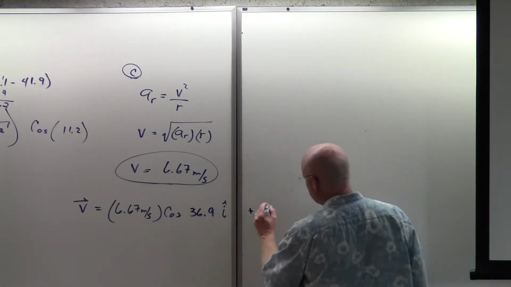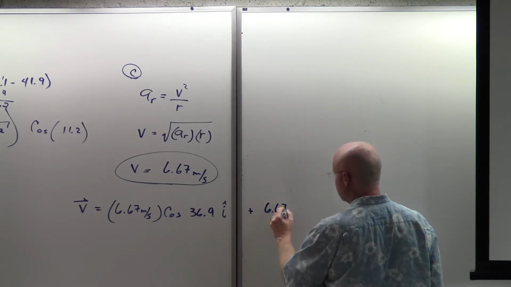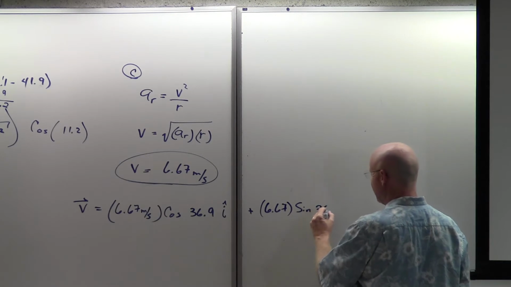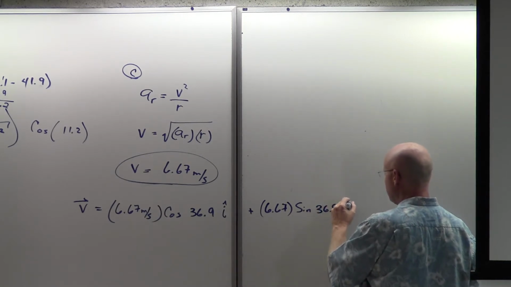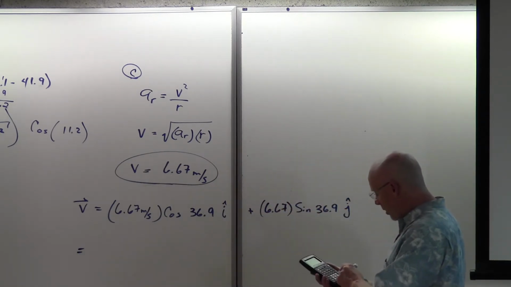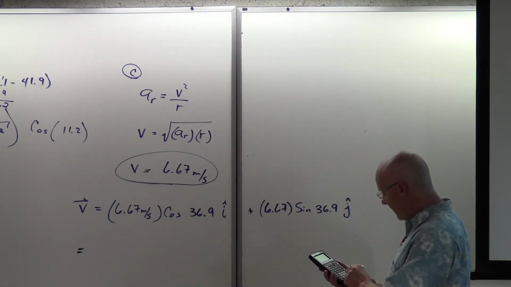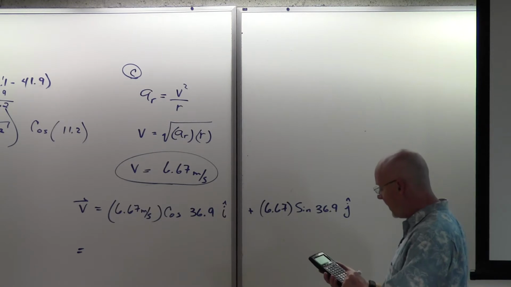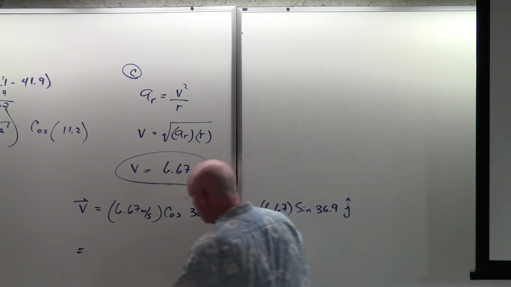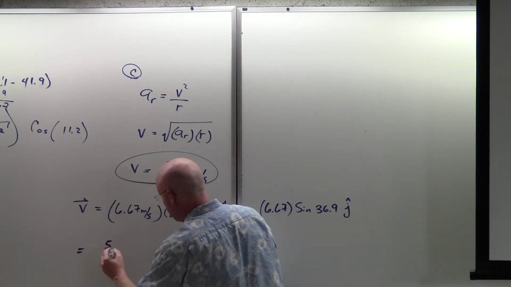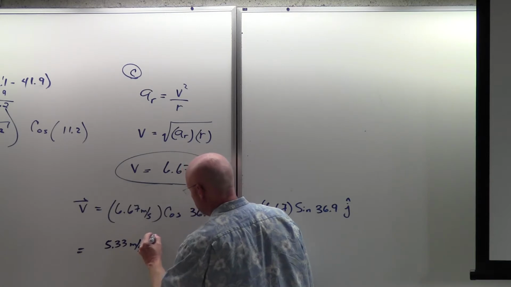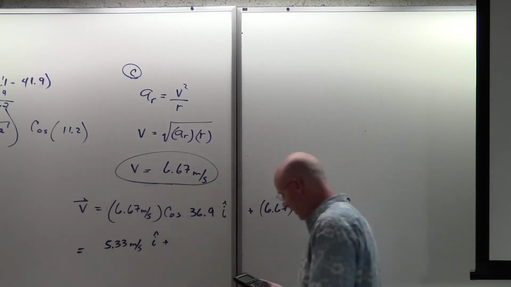And then the other piece, the 6.67, there's the magnitude. Multiply it then by sine of 36.9. That would be the j hat component. So 6.67 times cosine of 36.9 degrees comes out to be 5.33 meters per second in the x direction.